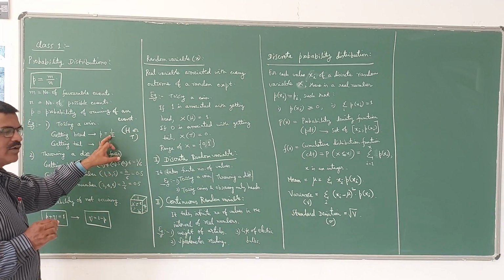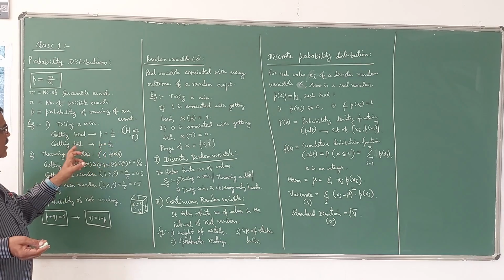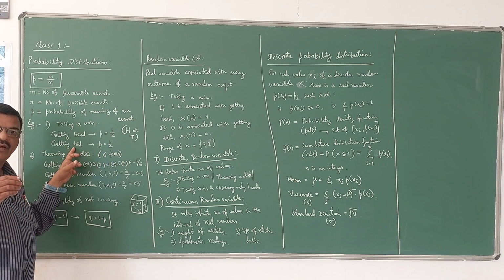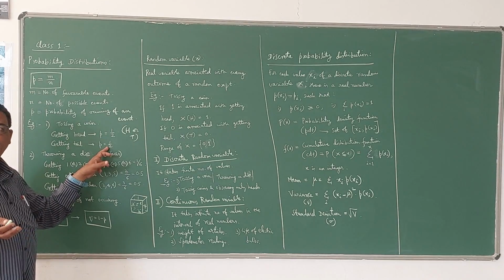So 1 minus half is the probability of not getting head. Similarly, the probability of not getting tail is also 1 minus half.